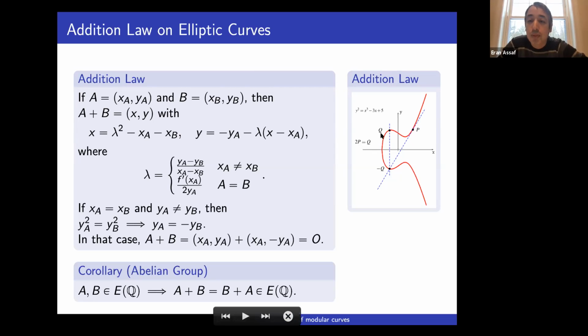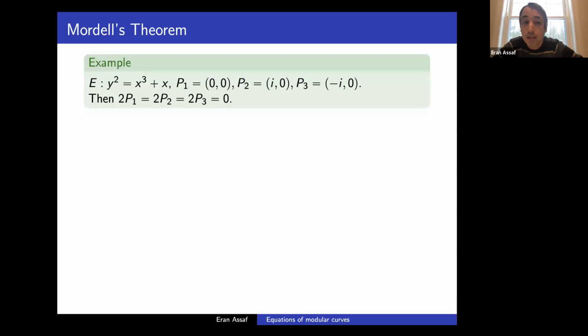So to obtain the negative of a point, we just reflect it in the x-axis. You can also see here the degenerate case where we add a point to itself, taking the tangent to the elliptic curve. So we have an addition operation on solutions to our equation. This addition operation is commutative and it forms the structure of an abelian group on the points with rational coordinates.